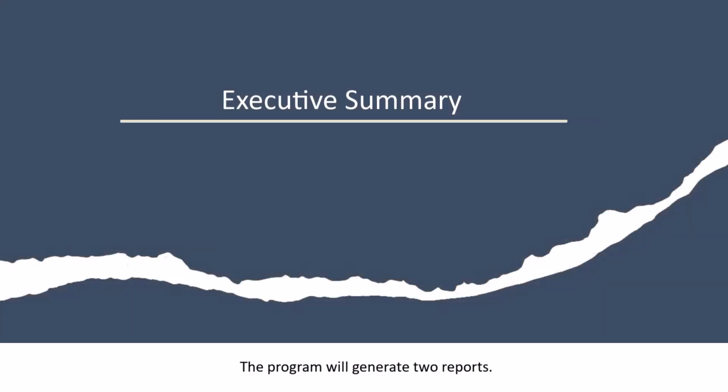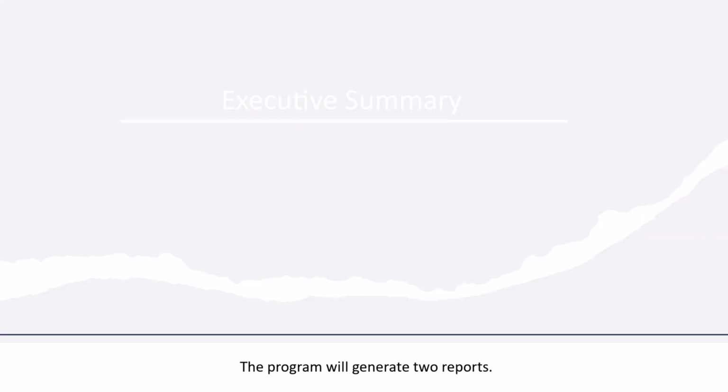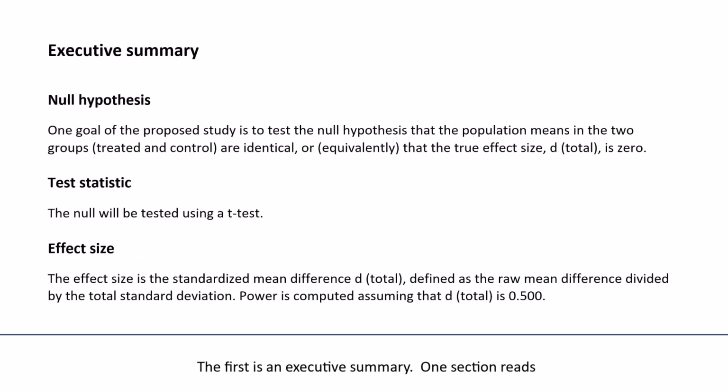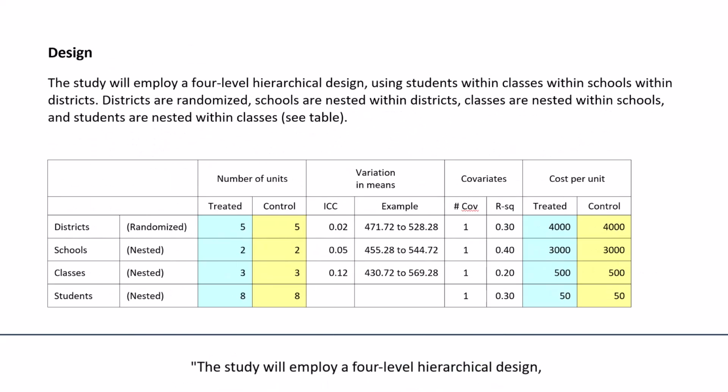The program will generate 2 reports. The first is an executive summary. One section reads, "The study will employ a 4-level hierarchical design, using students within classes, within schools, within districts. Districts are randomized, schools are nested within districts, classes are nested within schools, and students are nested within classes."